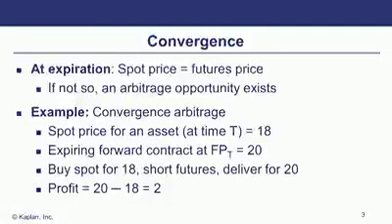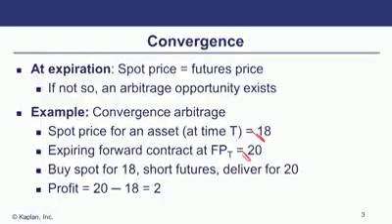But let's prove this point with an example. Let's say there is a deviation between the futures at expiry and the spot. The cash price or the spot price is $18 at expiry, whereas the futures price is 20. How could we make use of this arbitrage opportunity? The arbitrageur will buy the spot at $18 and simultaneously short the futures contract for immediate delivery.